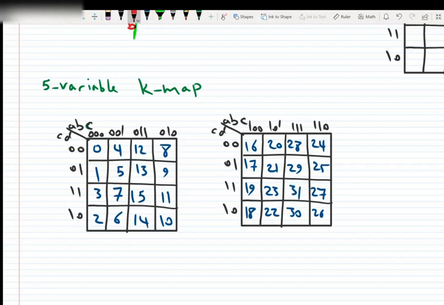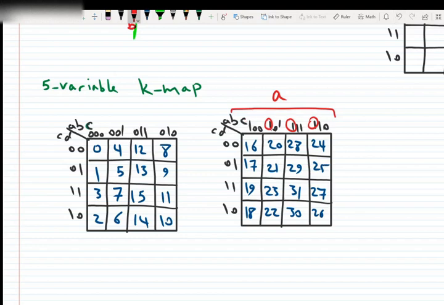Okay, so let's see which variables are constant for different cells. Let's start with A. If we look at these tables, we see that for the entire second table, A is 1, and for the other table, A is 0.